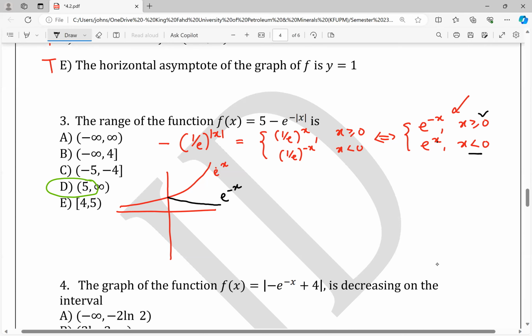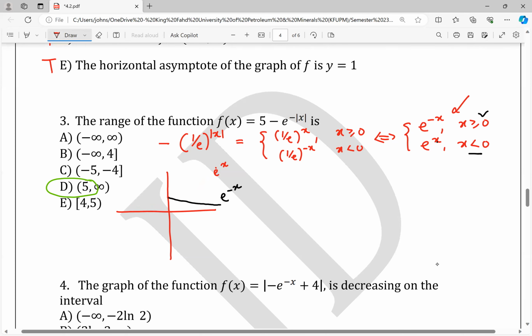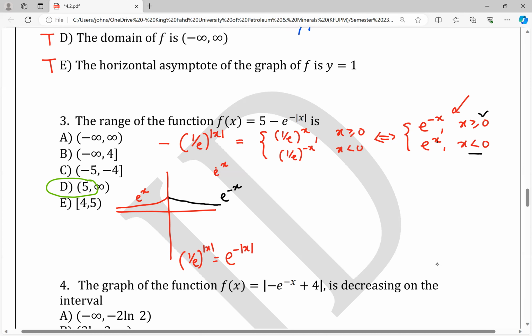So it means we have to remove this and just take this part. So this one is e to power x, and this is e to power minus x. But everything put together is the graph of 1 over e to power absolute value of x. Or you can call it the graph of e to power minus absolute value of x. It's the same thing. All right.